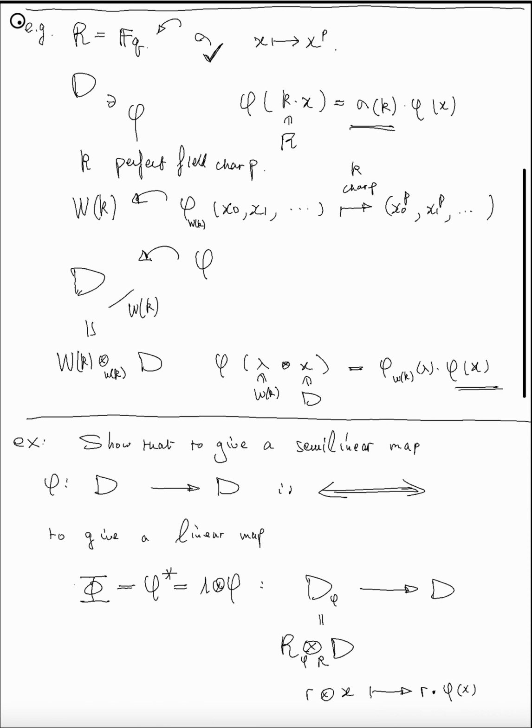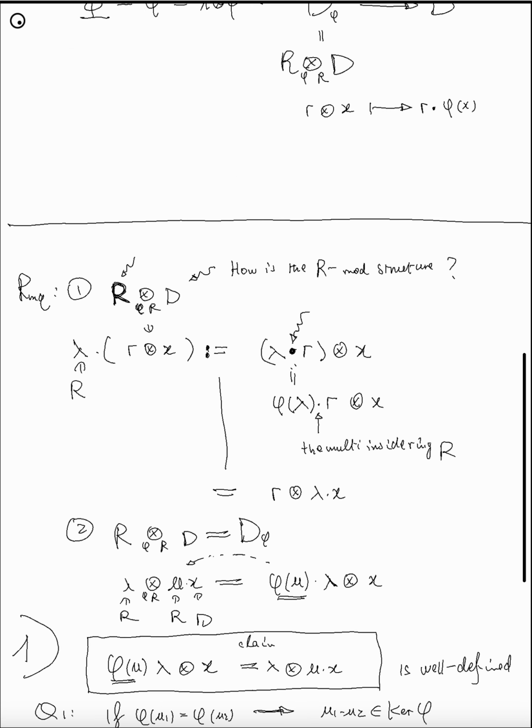Which means if you're given a semi-linear map, then you could construct a linear map by linearization. I have already constructed it, and then you have to show that given a linearization, you could go back to the semi-linear map. That's the question.